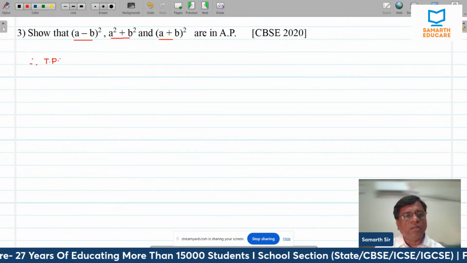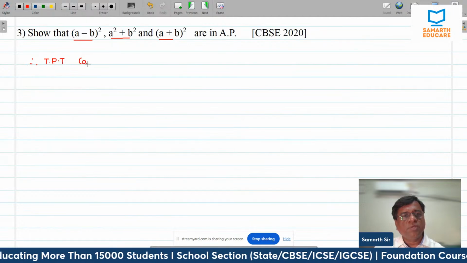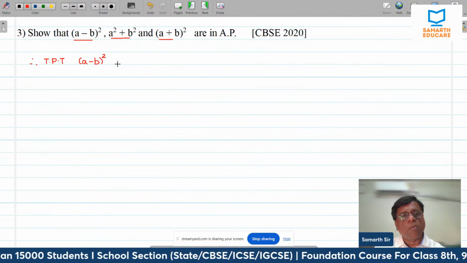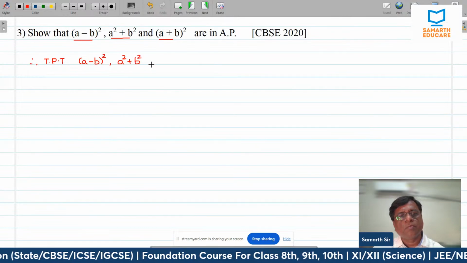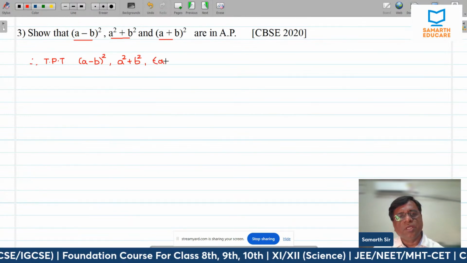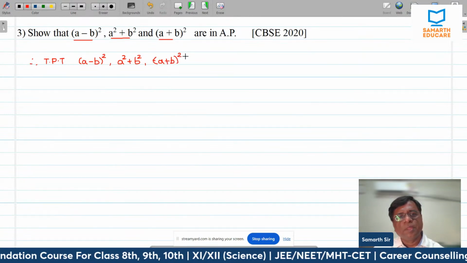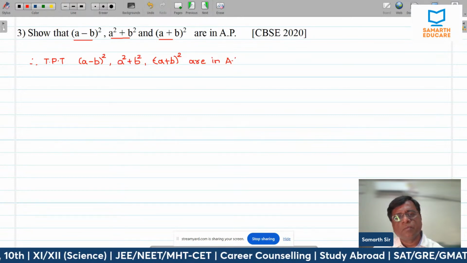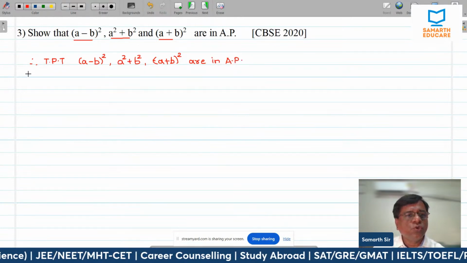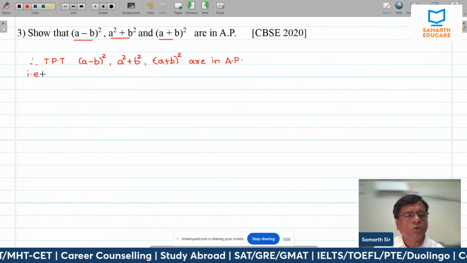Basically, to prove that a minus b whole square, a square plus b square, a plus b the whole square are in AP.